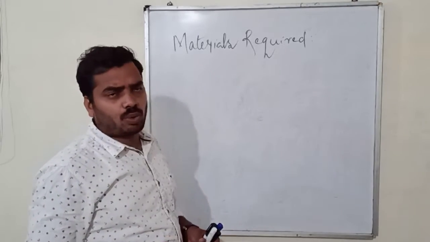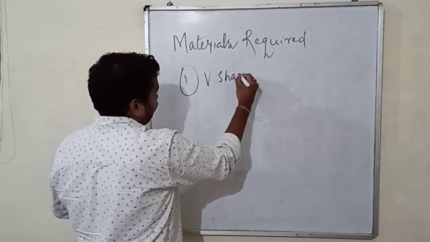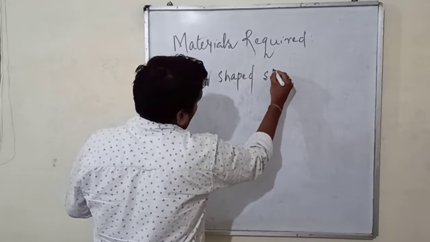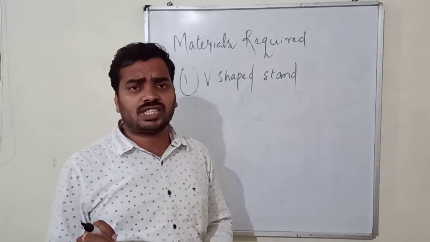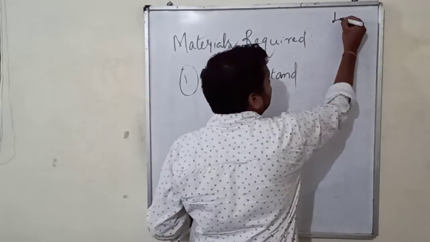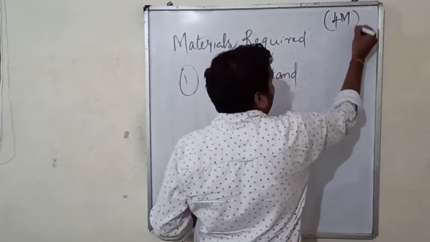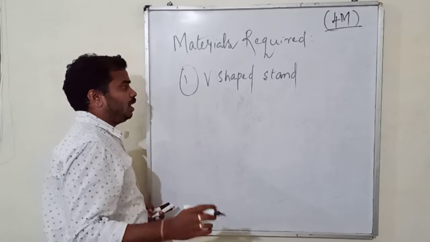What are the materials required? First, a V-shaped stand. Remember, this is one of the most important lab activities from the examination point of view. It can be asked for 4 marks. One of the most important lab activities in chapter 1.